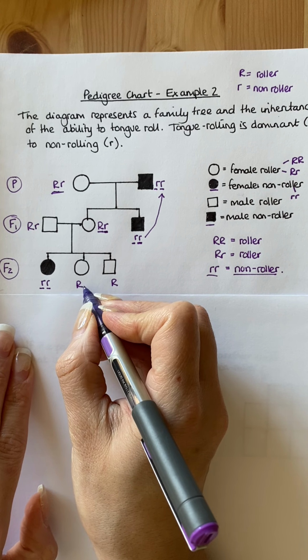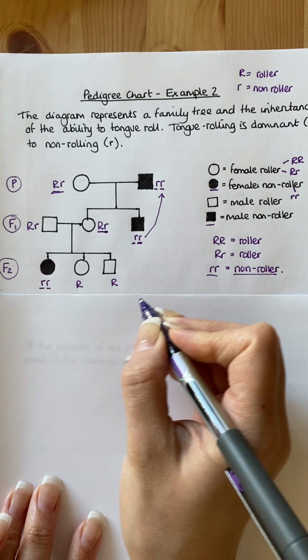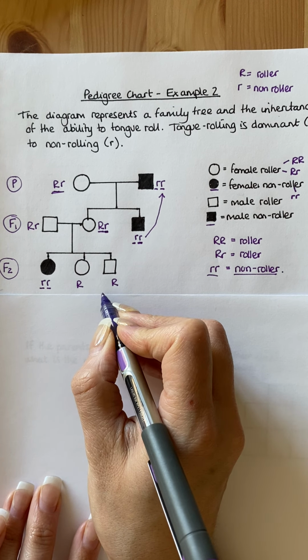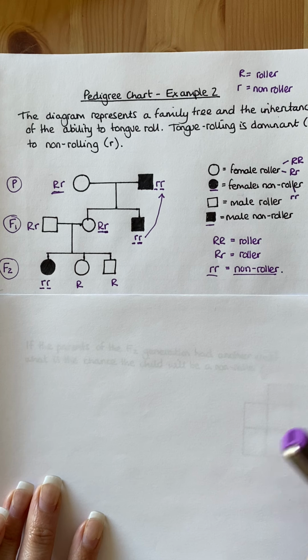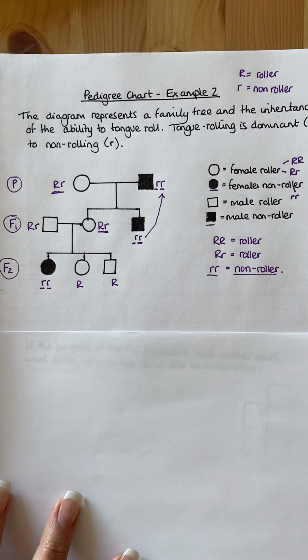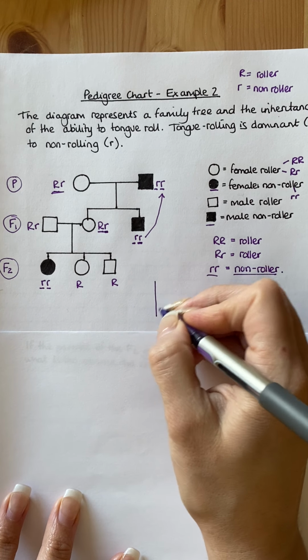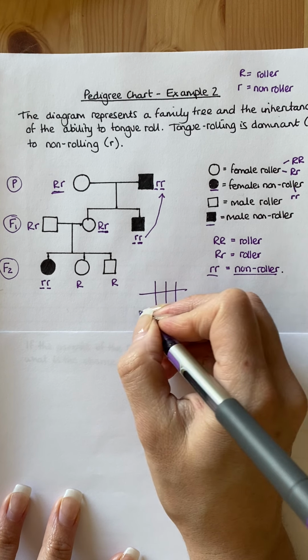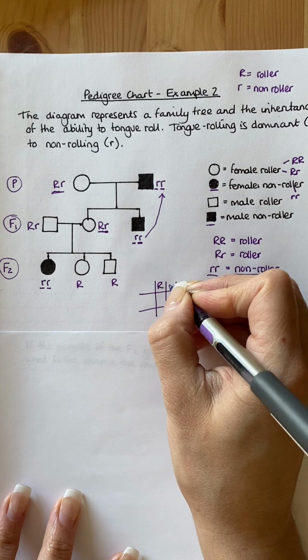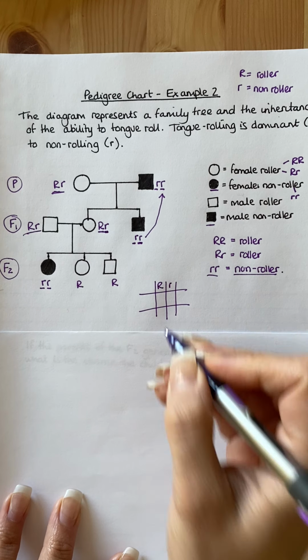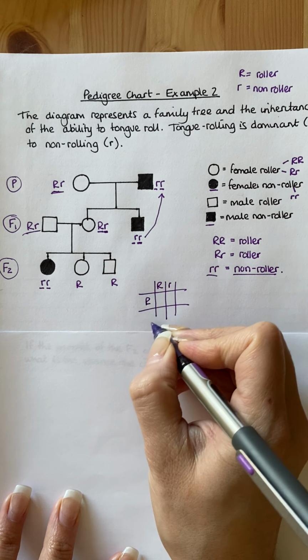Now looking at these two children, we need to have a look at what their parents had and figure out whether they were homozygous dominant or heterozygous. You can do another quick Punnett square to show this, and put one parent, for example this one, over here, and the other parent on the side.